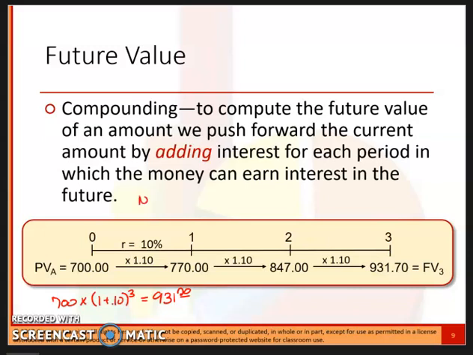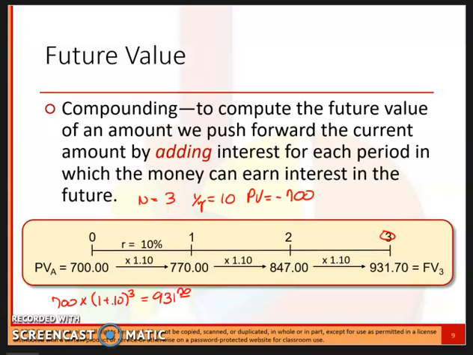First one is N, so in this case N is 3. So 3 and hit the N key. Then IY is 10, so it's 10 and hit the IY key. PV is the 700. Since we're investing money, that's a negative. Anytime money's coming out of your pocket, it's a negative.